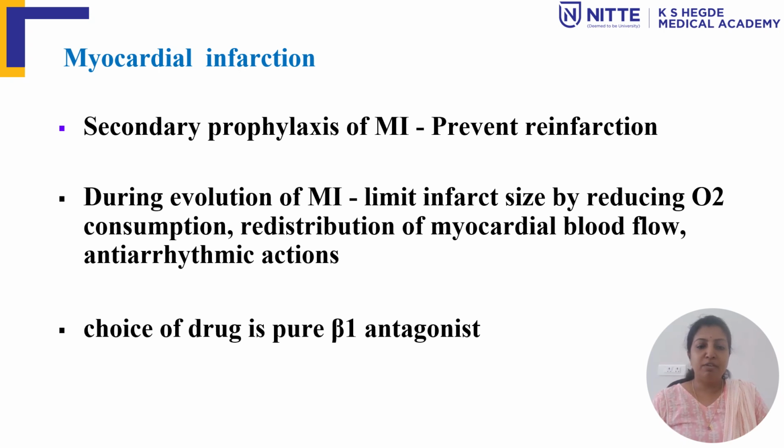During evolution of MI, beta blockers can limit the infarct size by reducing oxygen consumption. They can produce redistribution of myocardial blood flow and they also have antiarrhythmic action. In myocardial infarction, the drug of choice is usually a pure beta 1 antagonist.